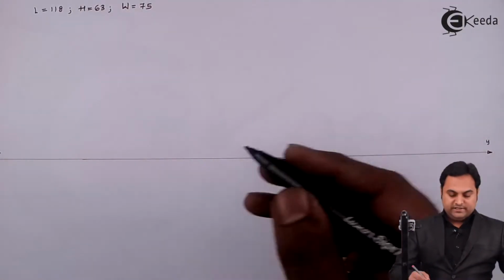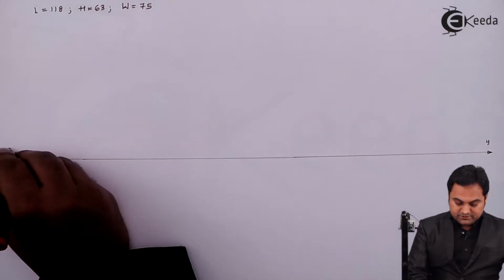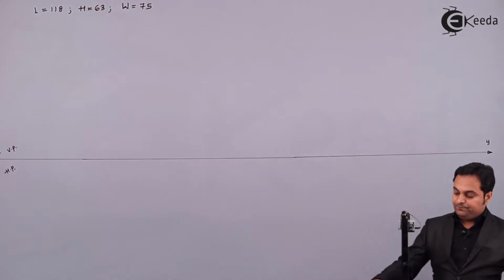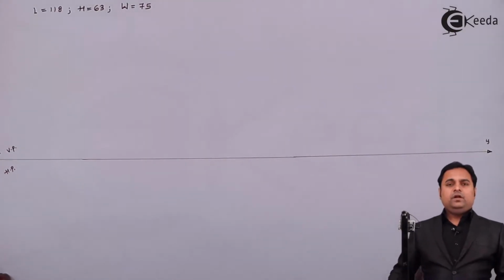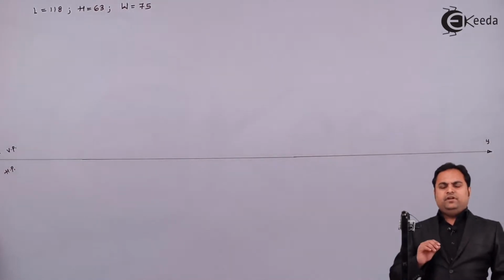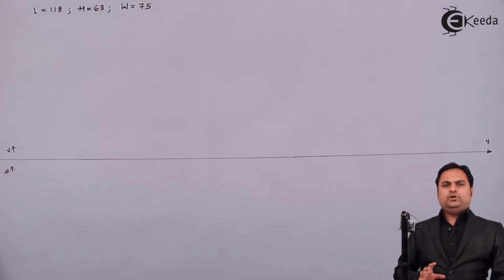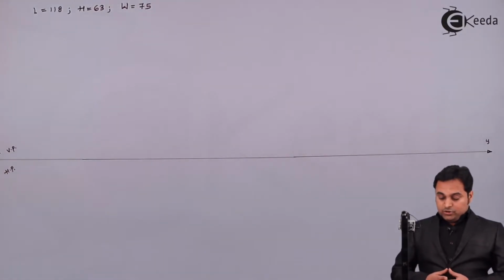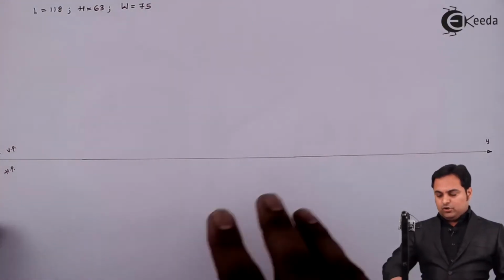Here we have the XY line. This is VP and here there is HP. Now, in the question it is mentioned we have to draw the left hand side view, and the object is kept in the first quadrant. It means we use the first angle method of projection. So the left hand side view will be drawn on the right hand side.